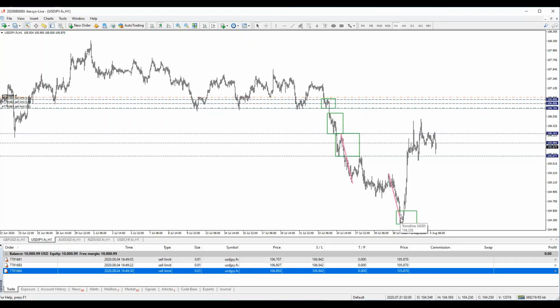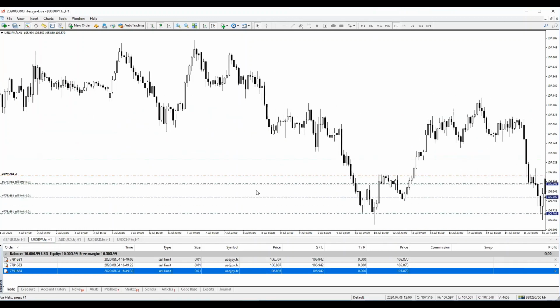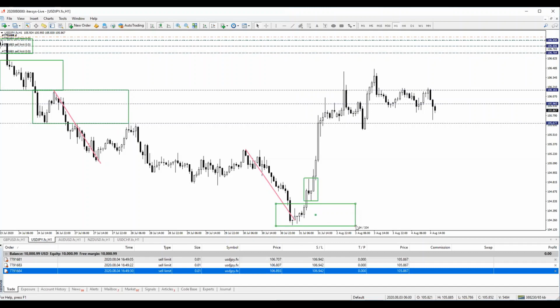Now it had an impulsive move up. Let's go there. It had an impulsive move back, and it created a new flag, and it's still not breaking that lower point. And then, this is a low time frame flag, and now we see another flag coming up. This is an ascending flag.